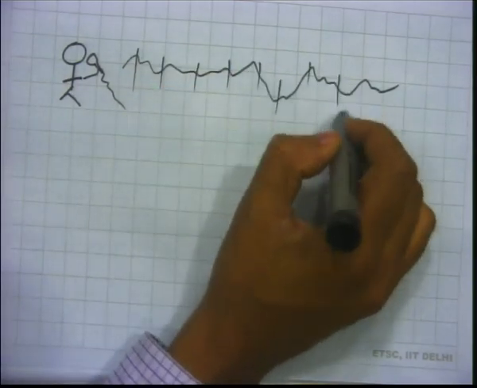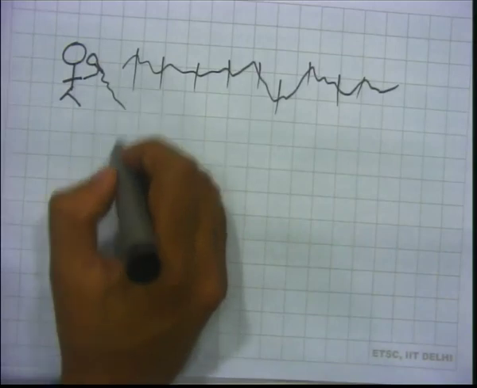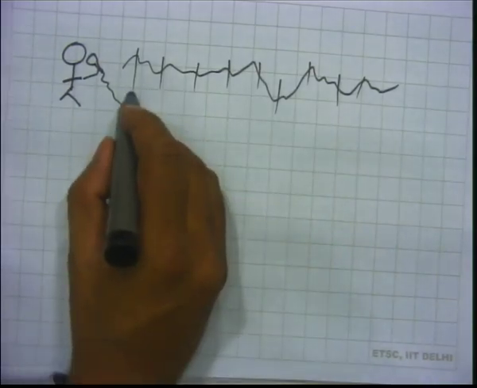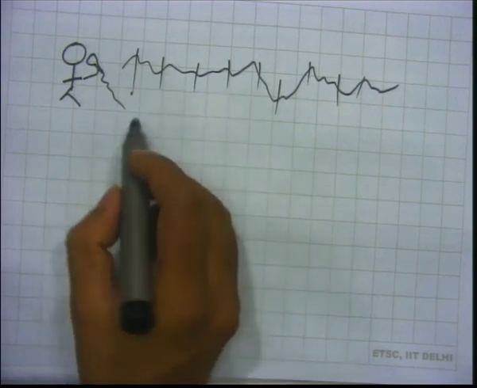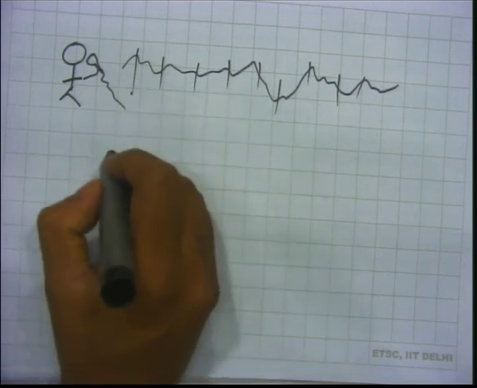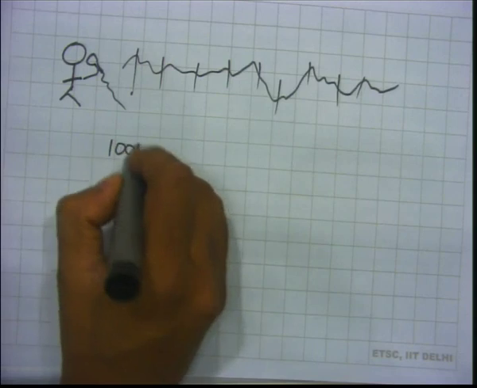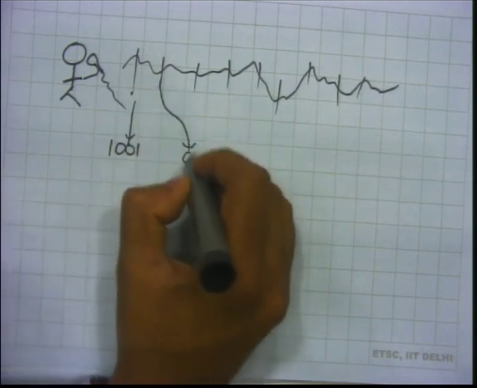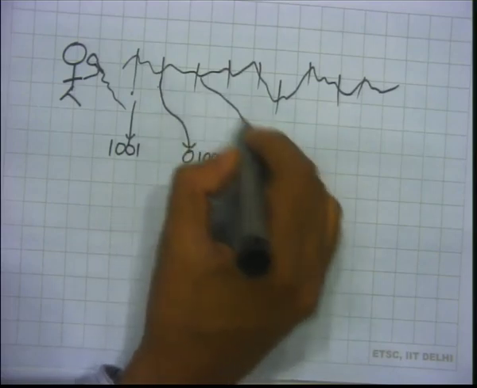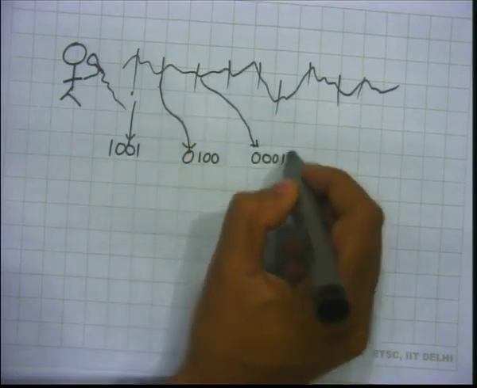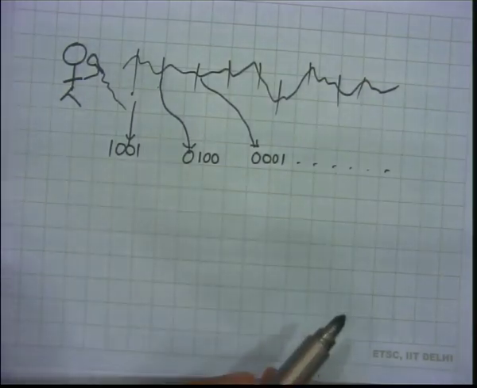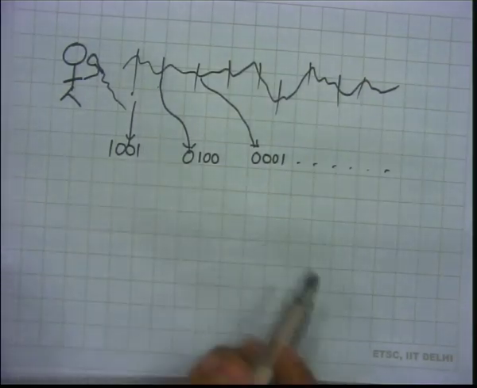For that, we sample, and whatever the values are there, we quantize, and these values need to be represented in terms of 1001, 0100, 0001, and so on and so forth. Suppose I use 4 bits per sample. But how do we compress?